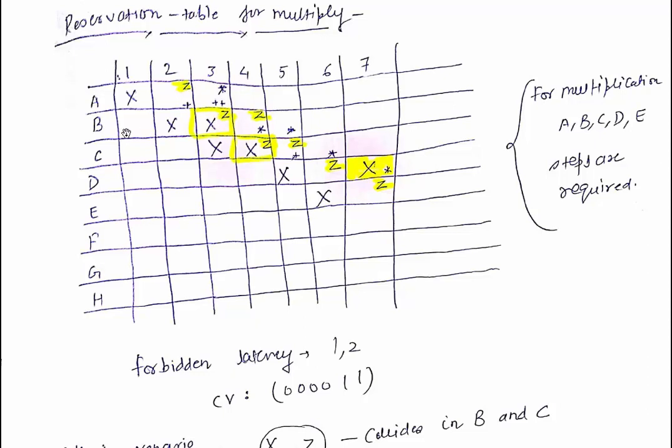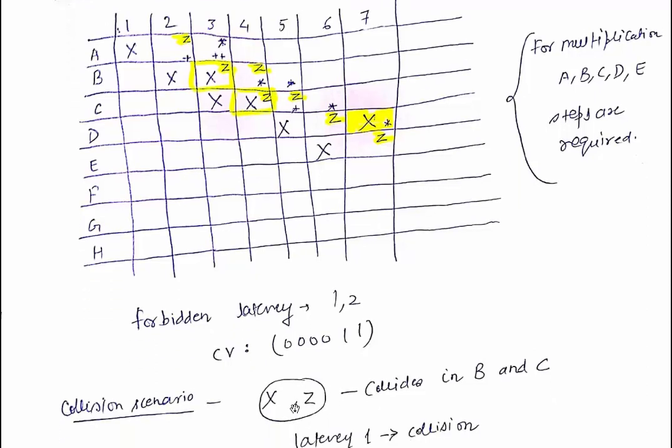Now in case of B, if I shift 1, this x will come here. This x, if I shift 2, will come here. Now this x, if I shift 1, would come here, so x and x collide here at B. Similarly, if I give 1 input to this x, it will come here, so again in the 4th clock cycle x and x collide.